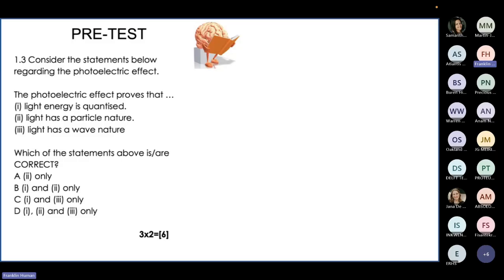We're not making use of the heat component of light. When we use solar panels for electricity, we make use of the particle nature of light. We use the wave nature of light in solar geysers when we use the heat component of light, which is your infrared light. Okay, just an interesting thing to remember.